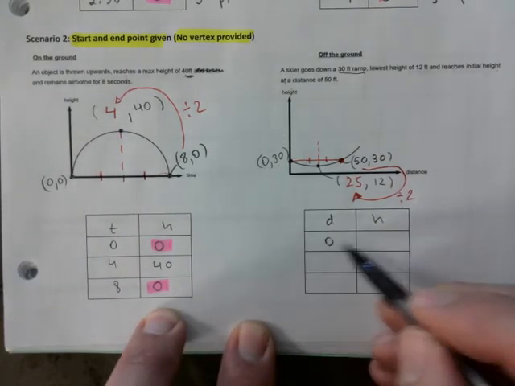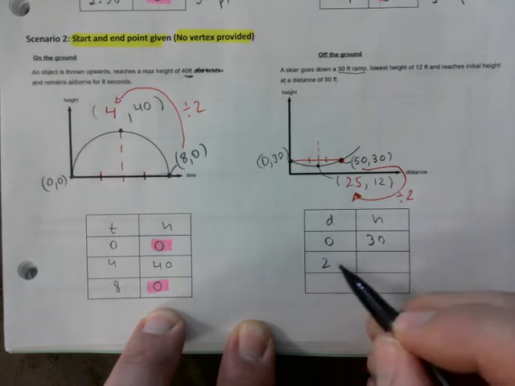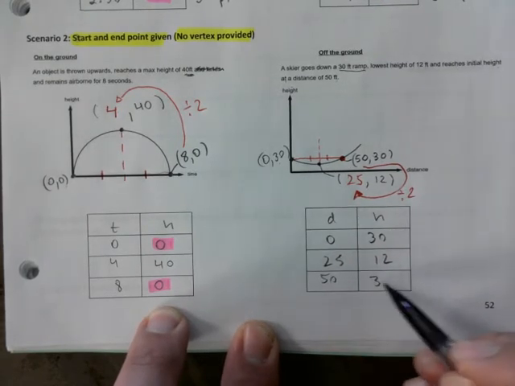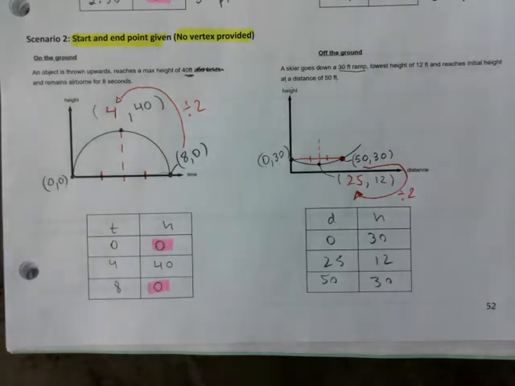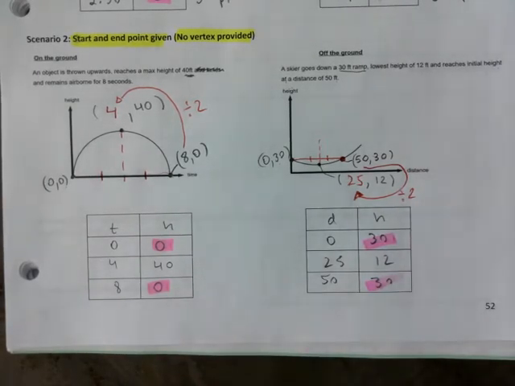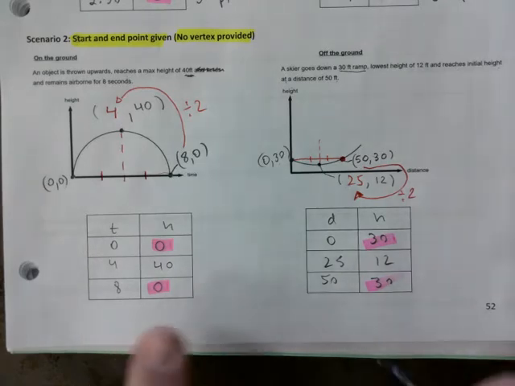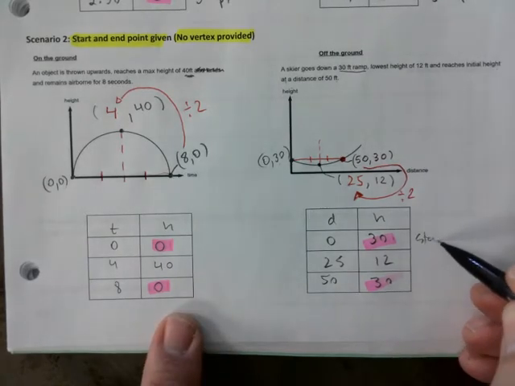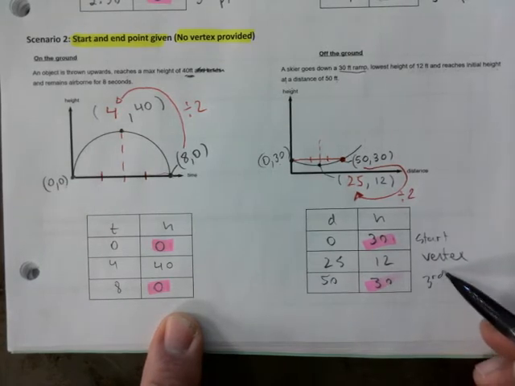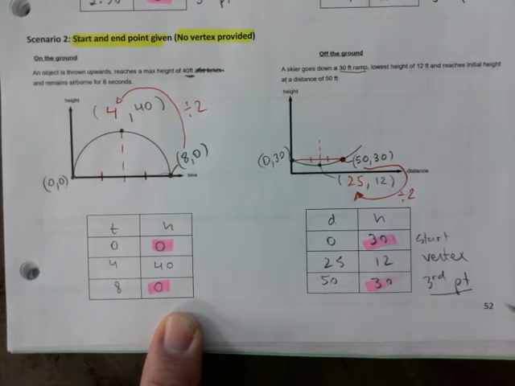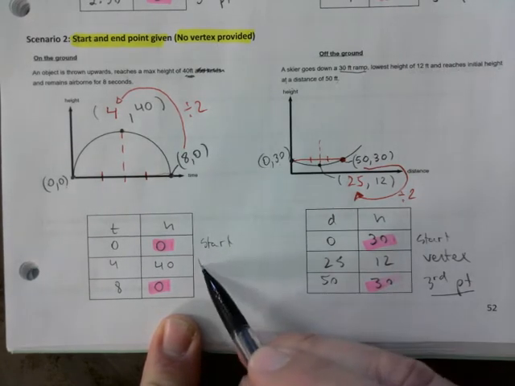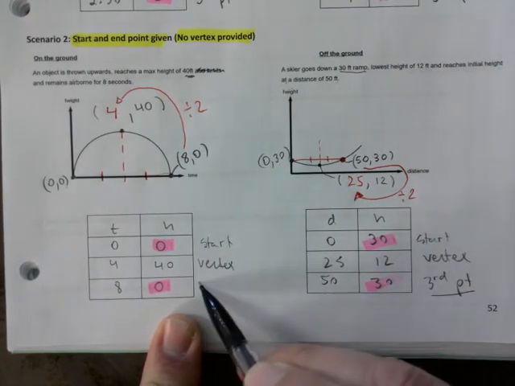Distance, height: 0, 30; 25, 12; and 50, 30, which tells you that you're doing something right. Again, start, vertex, third point. In this case, you found a vertex, right? Start, vertex, third point.